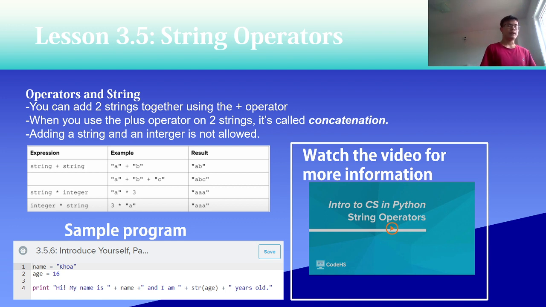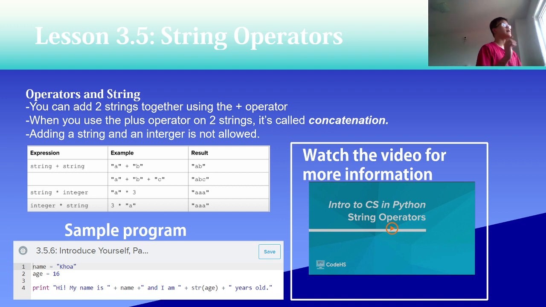But when you have a string and an integer, that makes the computer understand that you want to repeat it 3 times. So for example, you have here string multiplied by the integer 3. You get aaa. It's not a to the power of 3.